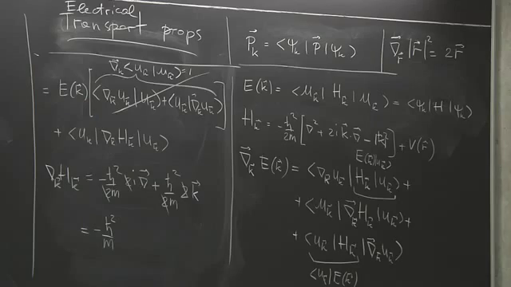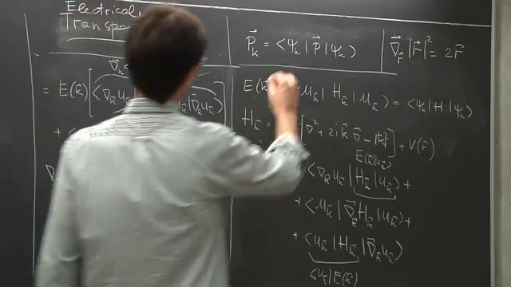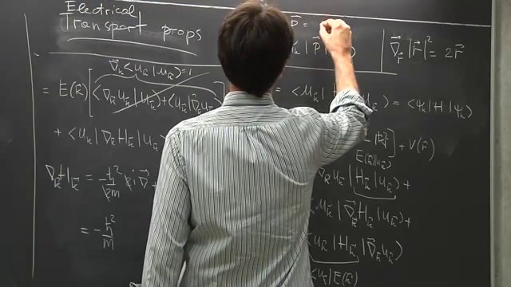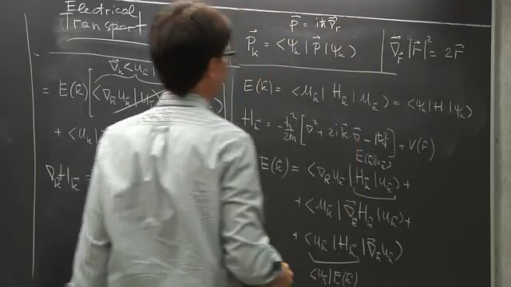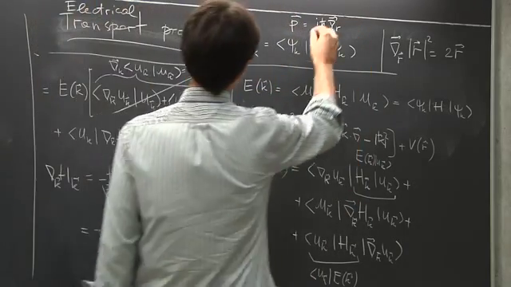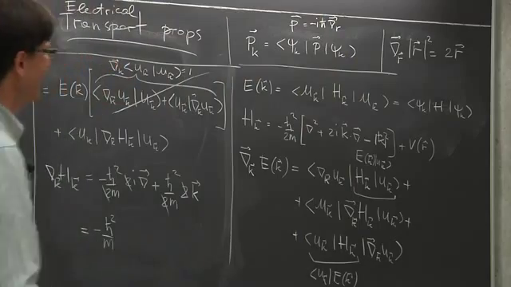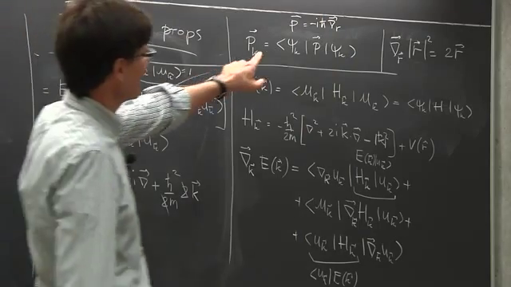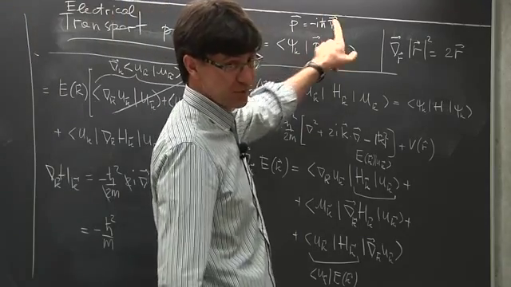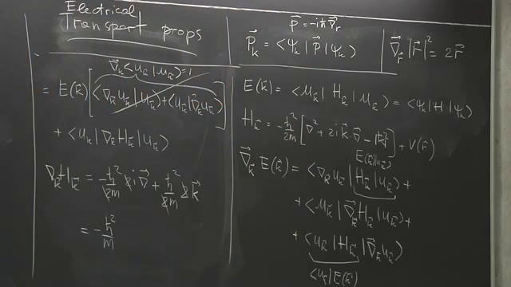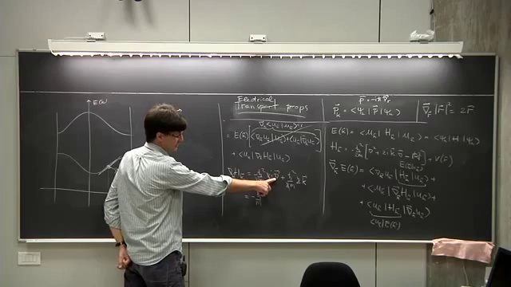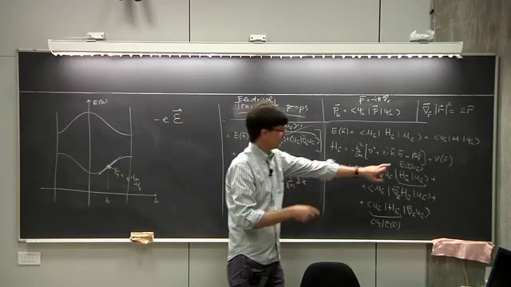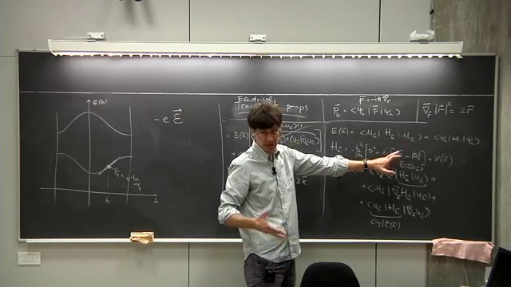Now you have to remind me. The momentum p is minus i h bar, the gradient with respect to r, right? Sorry, now I have to be explicit. This is the gradient with respect to r, not with respect to k, when I calculate the p. If I don't say anything, it's the gradient with respect to r, to the position.